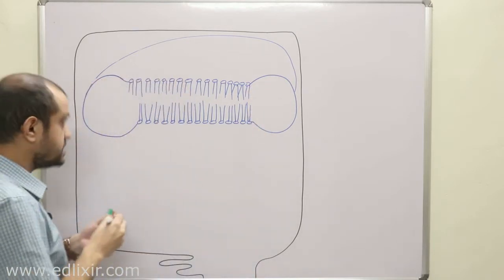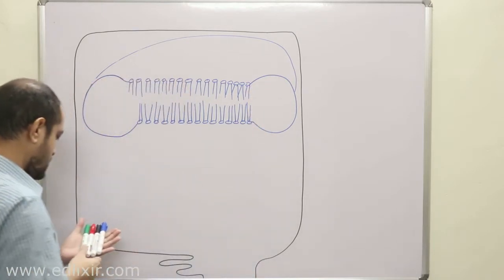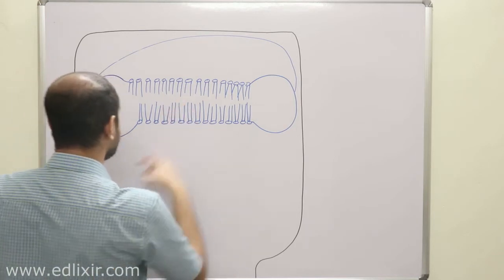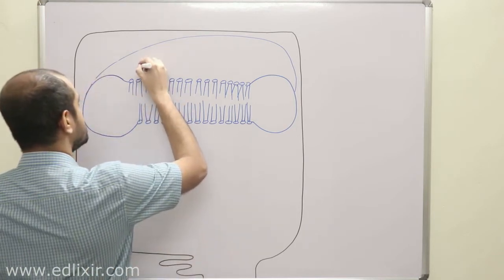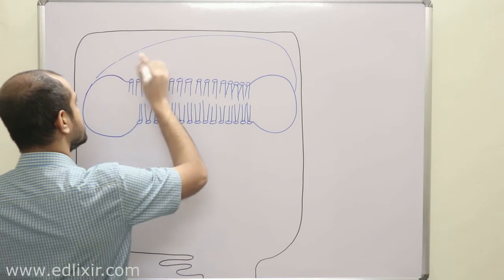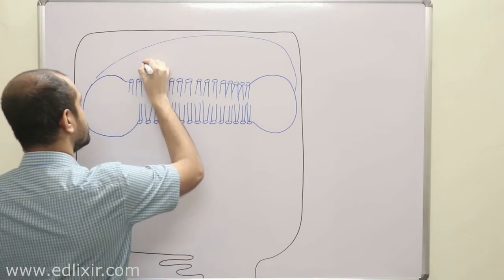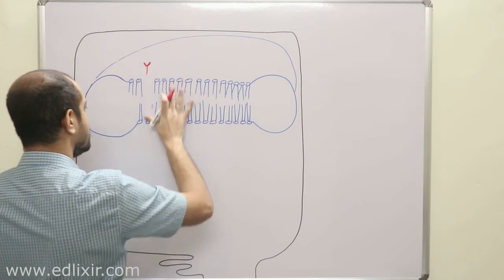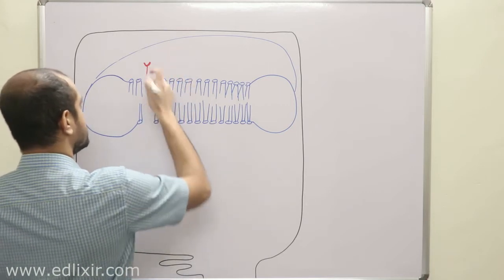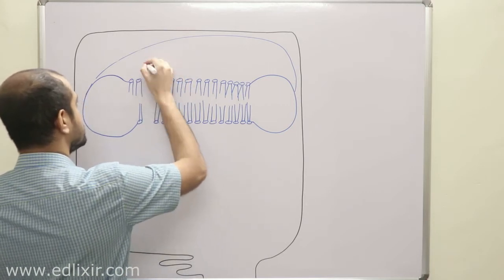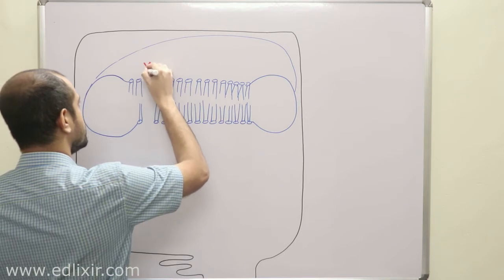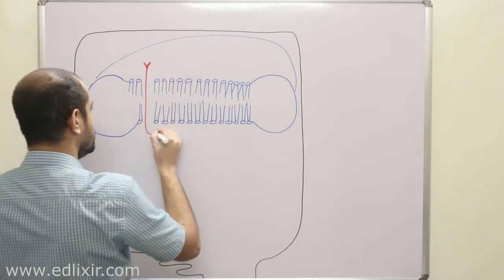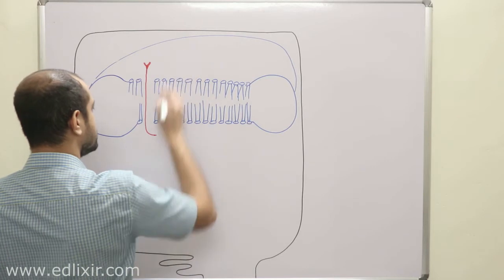Now a very interesting insight is this, that in this phospholipid bilayer, there will be what? There will be a G protein coupled receptor, that is our beautiful rhodopsin, right?